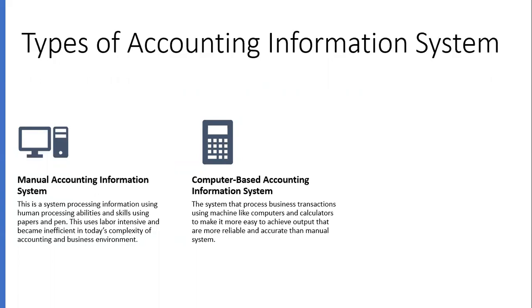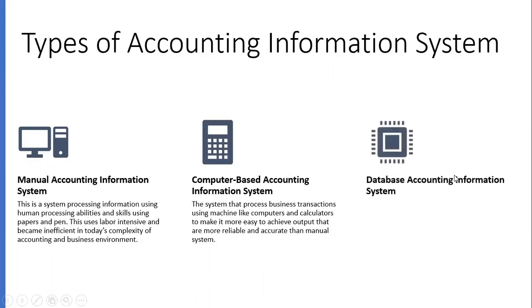It may use spreadsheets, like Microsoft Excel. And why is it more reliable? Because it would have less human error than the manual system. The manual system is more prone to human error because everything is in writing. While in the computerized accounting system, there is an integration of technology in the form of computers, so it is easy to generate data or accounting reports.